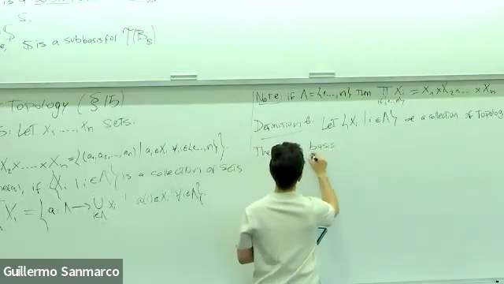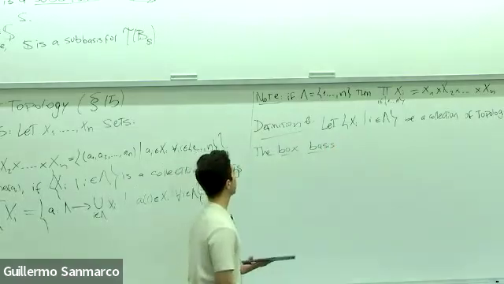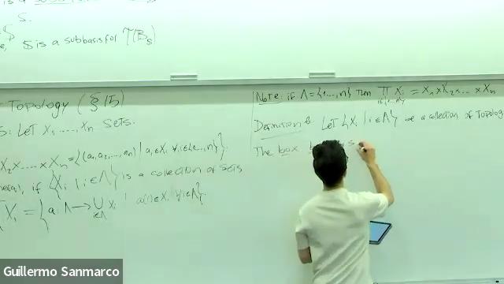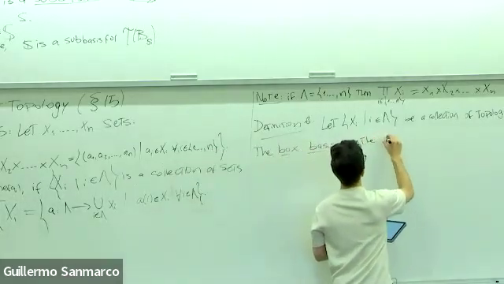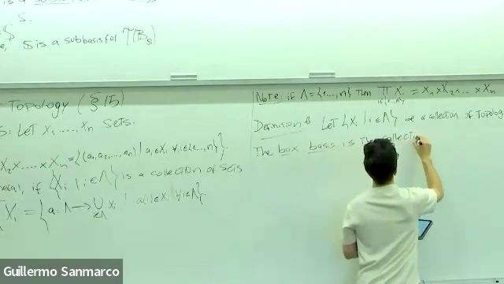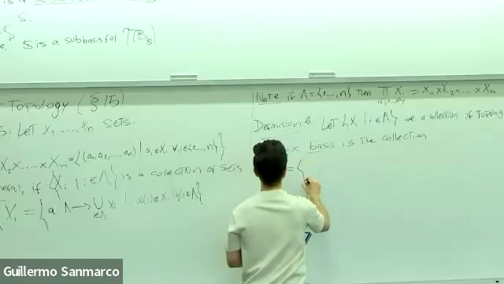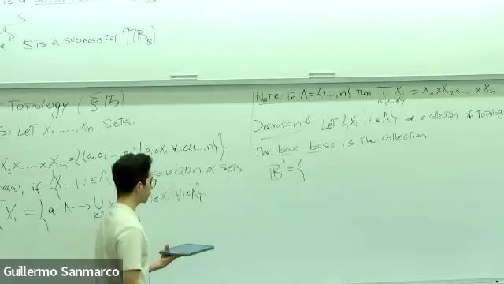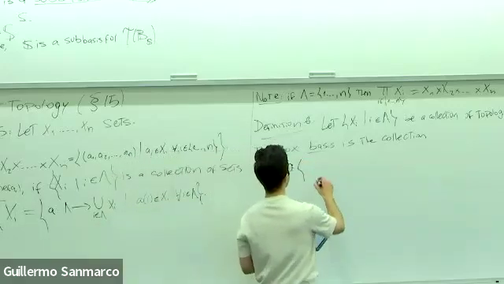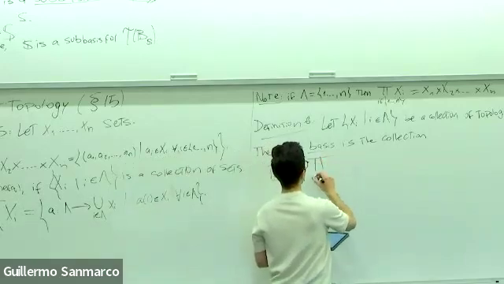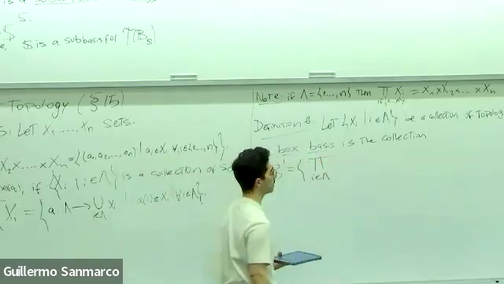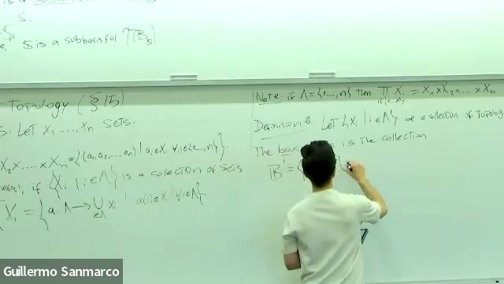This is the collection B prime. Here what I'm going to put is products over indices of Ui's.